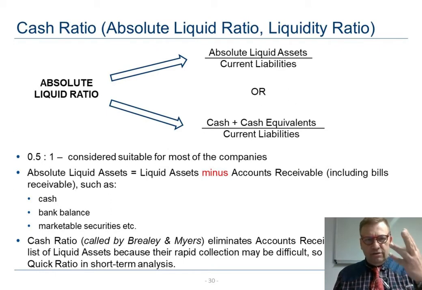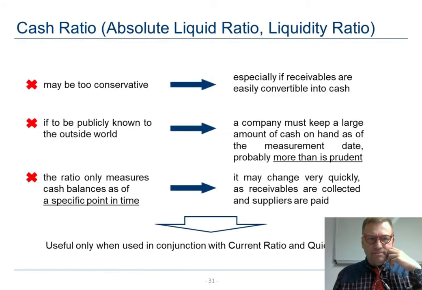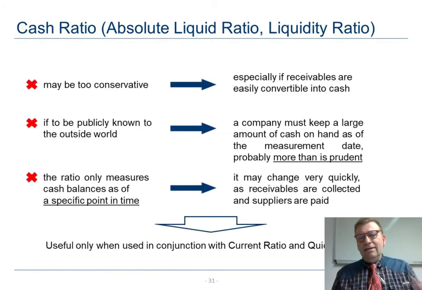So we have these three: current ratio, quick ratio, and cash ratio. And cash ratio concentrates purely on cash divided by current liabilities. But again, if it's so good, in some cases it is so bad.